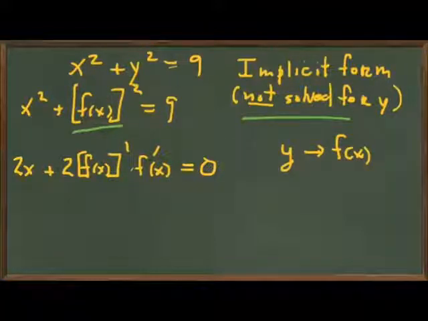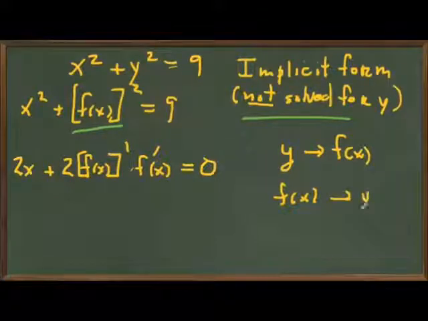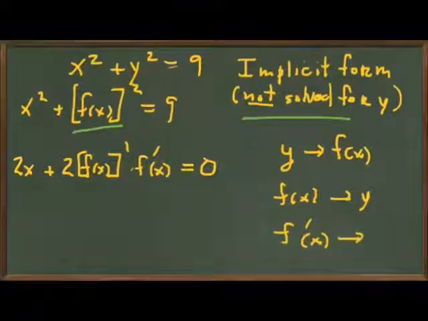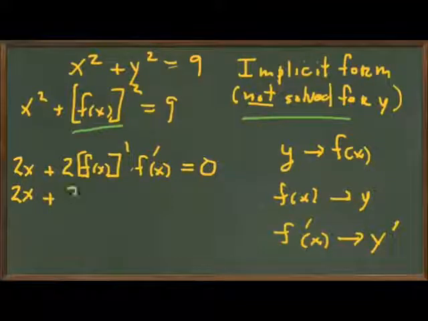Now we're going to go back and we're going to change f of x back to y, and we're going to change our f prime of x to a notation that we haven't used before, y prime. So that allows us to rewrite the line above as 2x plus 2y, y prime equals 0.